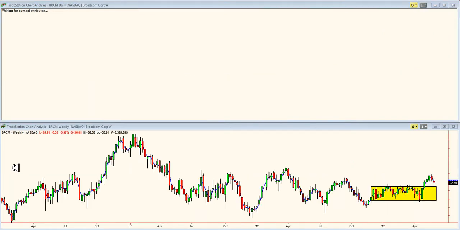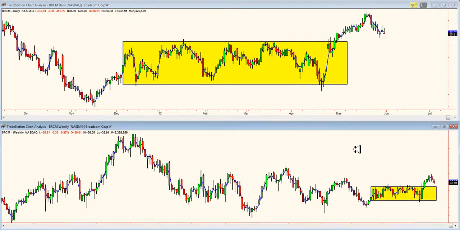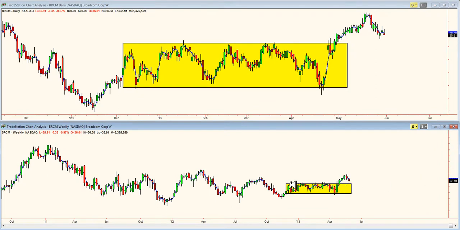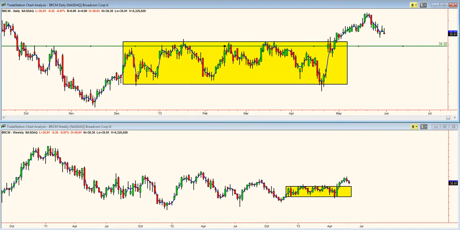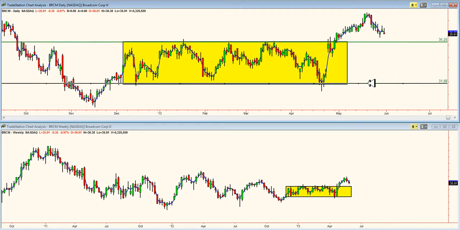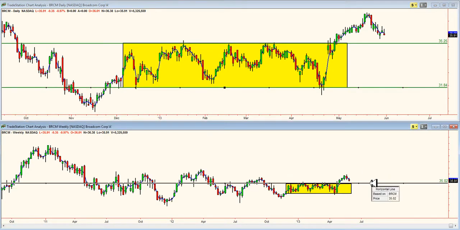How about BRCM? Notice nice long consolidation on Broadcom. We have our established resistance and support levels here, and we break out of it on both the daily and the weekly chart after a long consolidation.